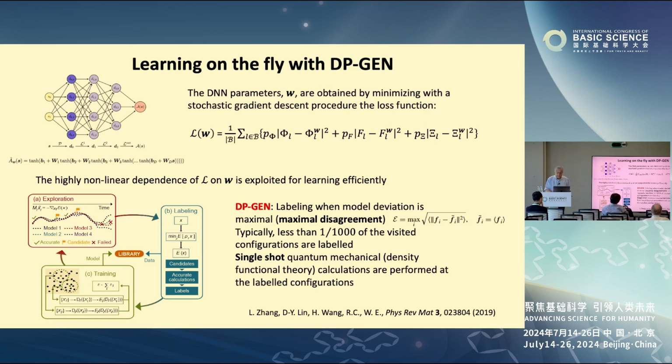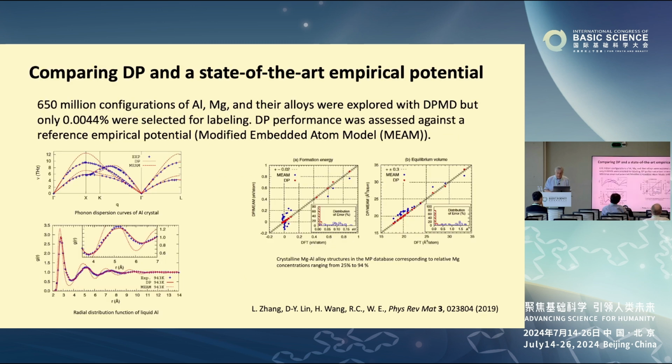And in the paper, we also presented some comparison of the potential that one could construct in this way relative to a state-of-the-art empirical potential, which for metallic systems is the modified embedded atom model.